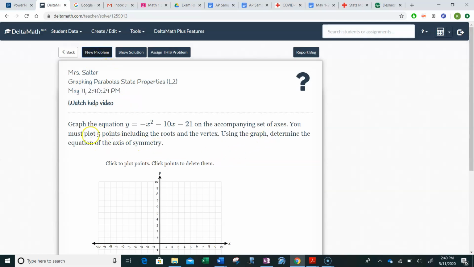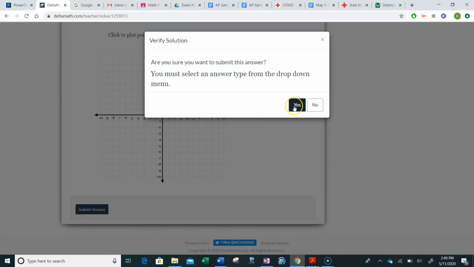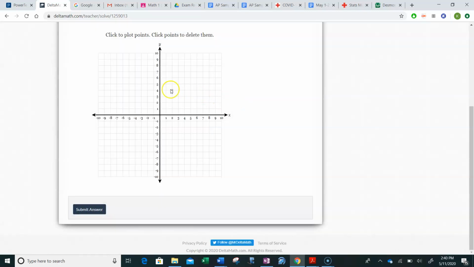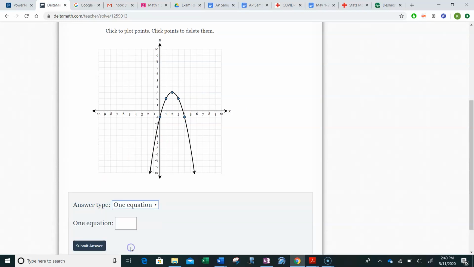If it said, determine the equation of the axis of symmetry, when you got down to your answer, hold on, I'm just going to make up something real quick that doesn't even work for this problem. So what I would do is I would come right here and I would put in one equation. And I would type x equals 2. Because the axis of symmetry is always a vertical line, so you have to type x equals.